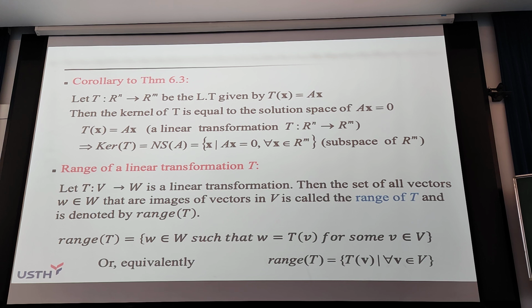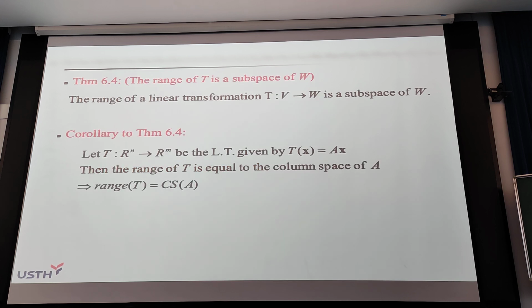And you are going to see that even though the name is new, the notion behind the name is not new. In case T is given by the formula T(x) equals A multiplied by X, where A is a matrix, then the range of T will be the column space of A. And the column space of A we studied already several weeks ago.